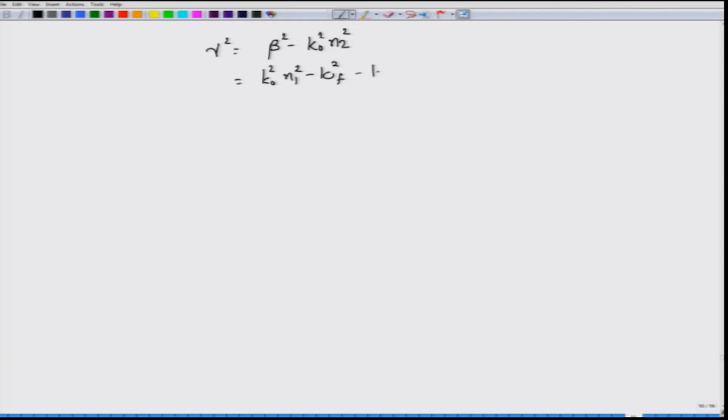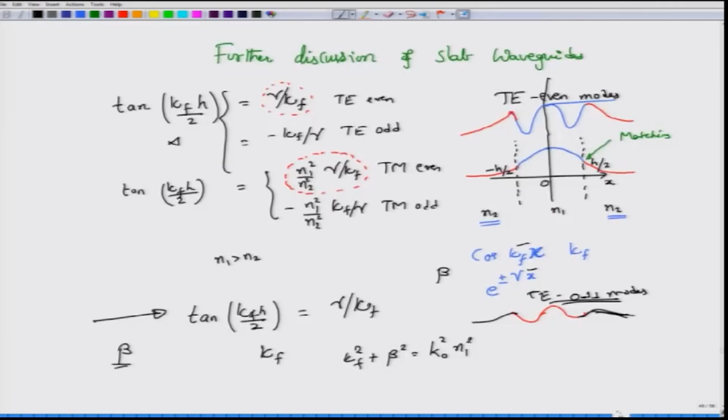So, minus k0^2 n2^2 as it is. You can group the terms and then obtain gamma in terms of kappa_f. Now you can substitute for gamma in this expression. Kappa_f anyway is kappa_f.